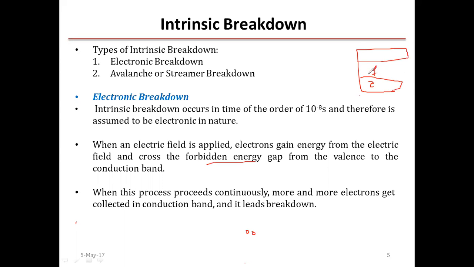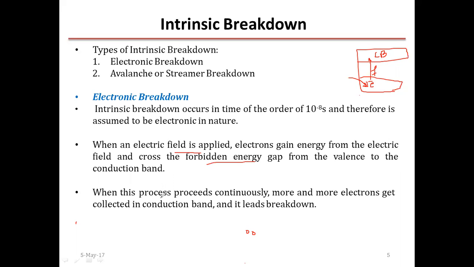When the voltage is applied, these electrons have enough energy to cross this forbidden band region and jump to the conduction band.